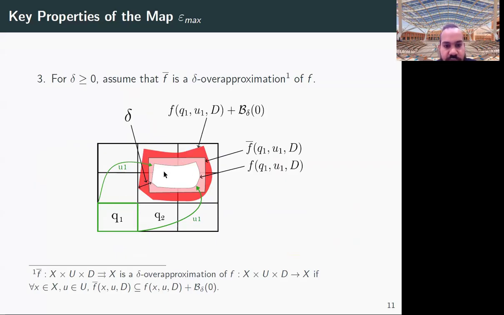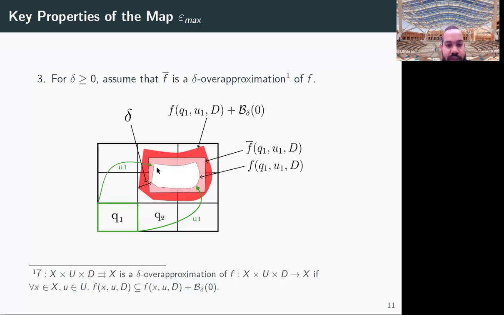We have this white region, which is the exact reachable set of Q1, U1 with disturbance D. Generally in control theory, it is very difficult to calculate the exact reachability, so we use some techniques of over approximation. Here we have used this interval, which is an interval in 2D that over approximates F, which we call F bar. So F bar is the over approximation of F.